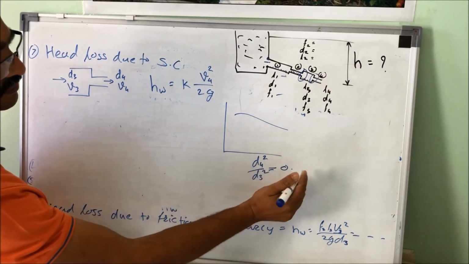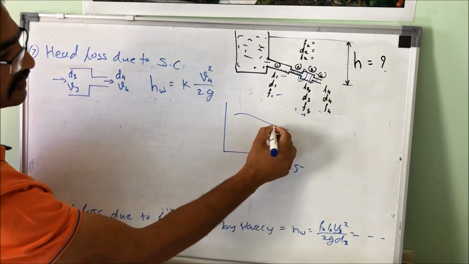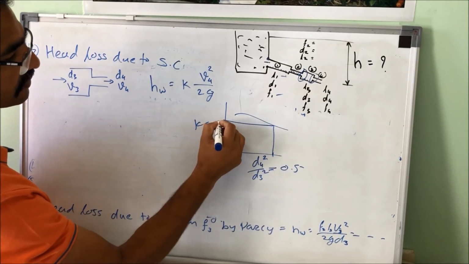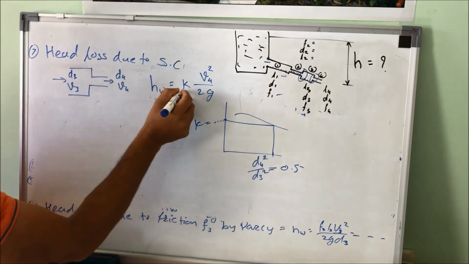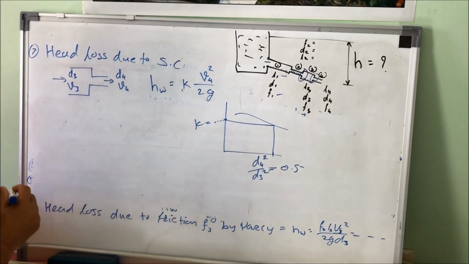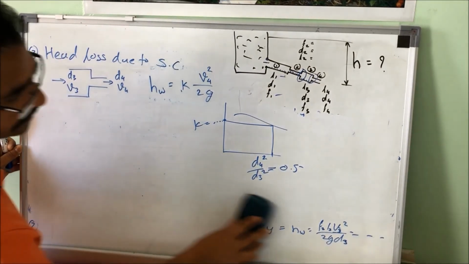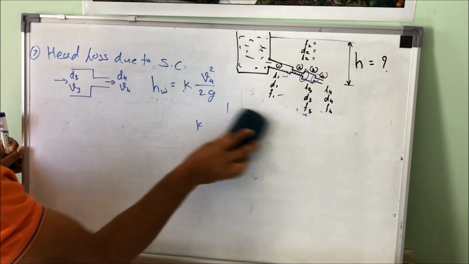Suppose 0.5, so go to the 0.5, go up vertically, go horizontally, and you will get K here. So put this K here, and V4 is already known, you can find out HW. Okay, so now I will erase this.